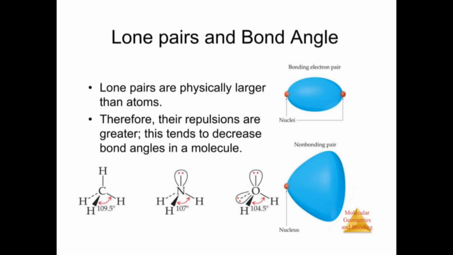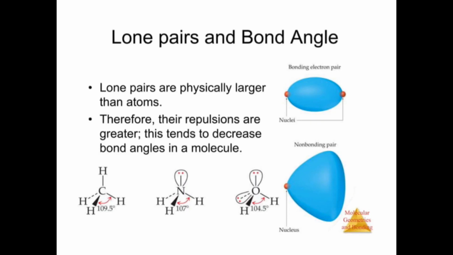Okay, let's quickly look at lone pairs and bond angle. Lone pairs are physically larger than atoms, know that, and their repulsion is greater. So this tends to decrease the bond angle in a molecule.